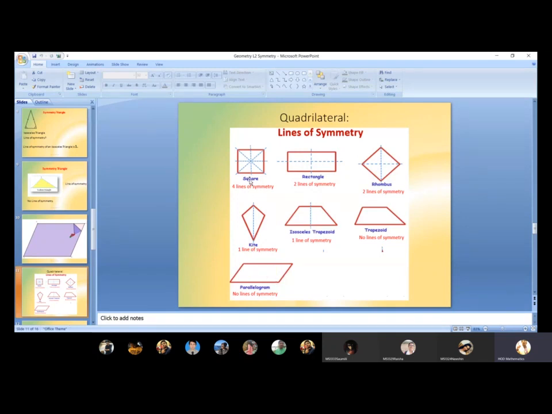Line of symmetry: a square will have four, because I can draw four lines. These lines can make the square into two identical parts. Rectangle, I can make only two lines. I cannot use the diagonal. If I join the diagonal, it will not make two identical parts.